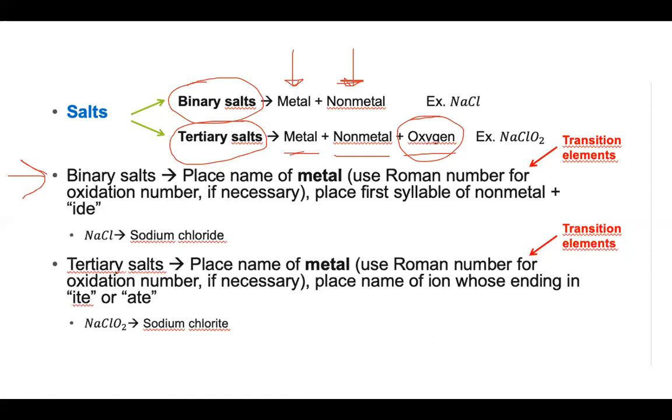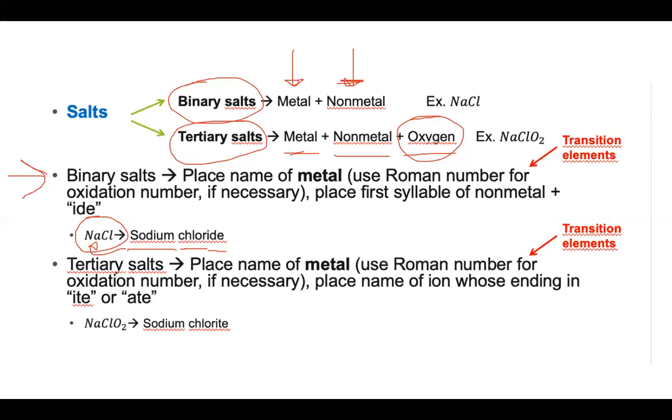Then we write the first syllable of the non-metal and the ending "ide." For the most typical example, NaCl, the name of this compound will be sodium, because it's the name of the first element, and then the first syllable of the non-metal and the ending "ide." That's for binary salts.